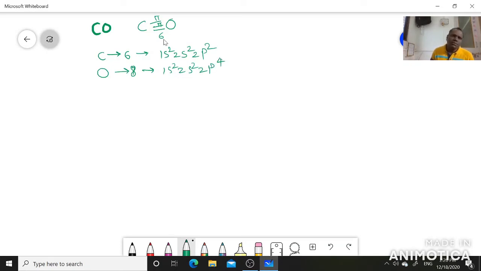The 1s orbitals are lower in energy, therefore they will not take part in the bonding. So 2 plus 4 from carbon and 2 plus 4 from oxygen, a total of 10 electrons, take part in the bonding.